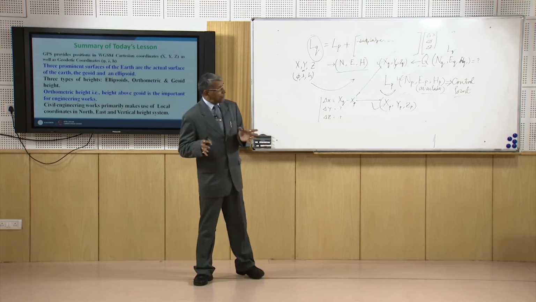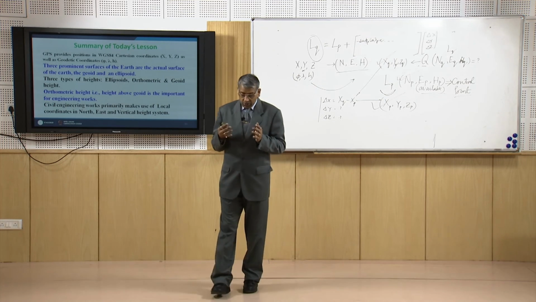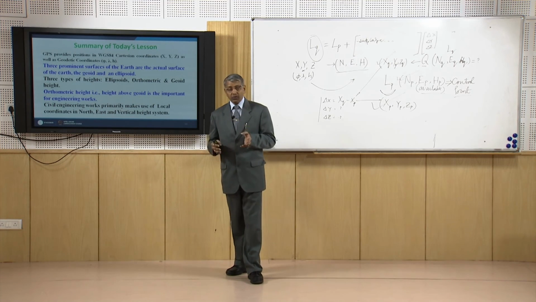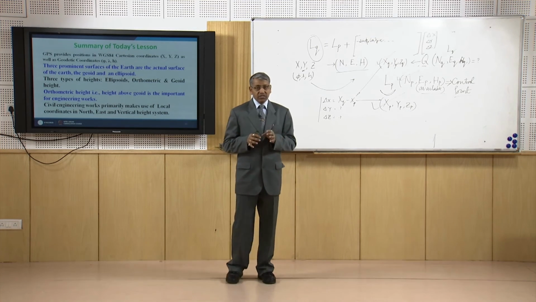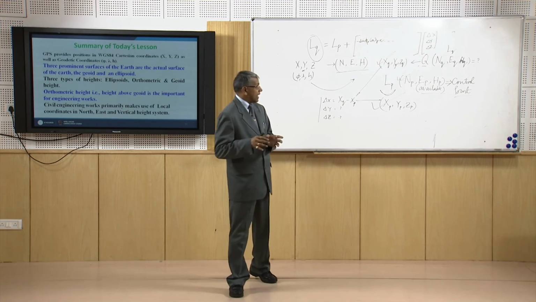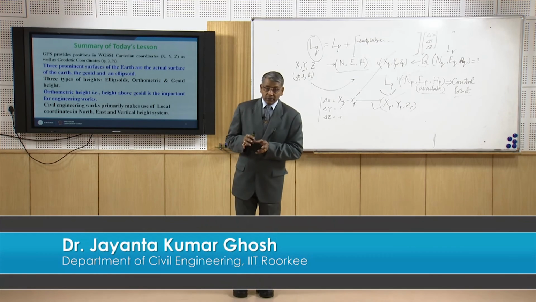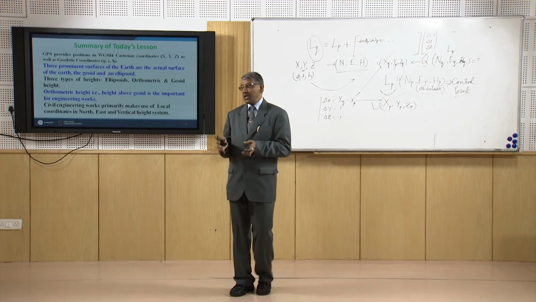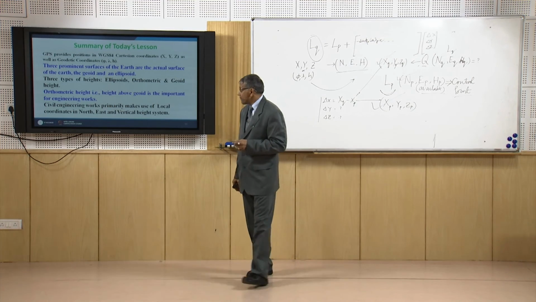There are three types of surfaces which we consider for geodetic study or GPS positioning purpose: the actual surface of the earth where all the activities are going on, the ellipsoid surface which is the geometrical surface which we use for our mathematical work, and the physical surface of the earth, that is an equipotential surface, the geoid, as the reference which is really the reference surface for all our engineering works.